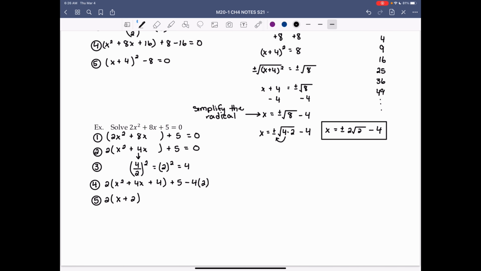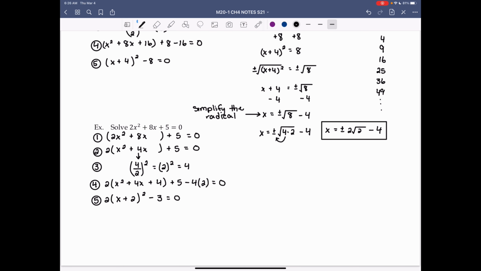Square root of x squared is x. Square root of 4 is 2. The sign from the middle term is positive. That binomial is squared. Then we have plus 5 and minus 4 times 2. Minus 4 times 2 is minus 8. Positive 5 minus 8 is negative 3 equals 0. I forgot that here.